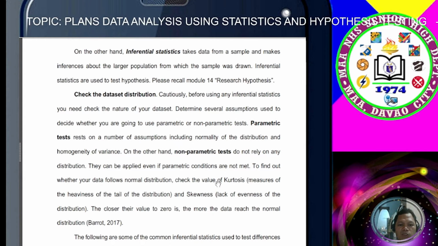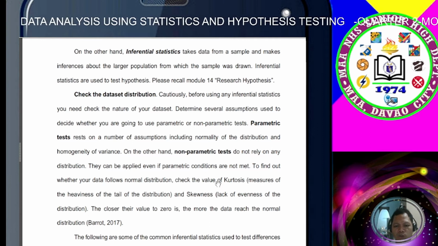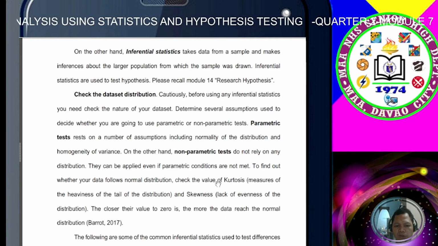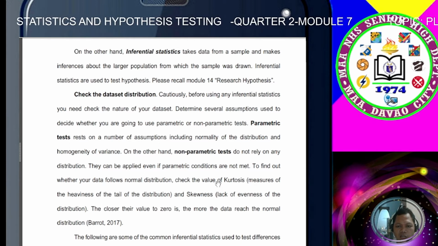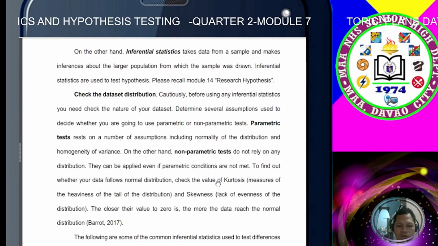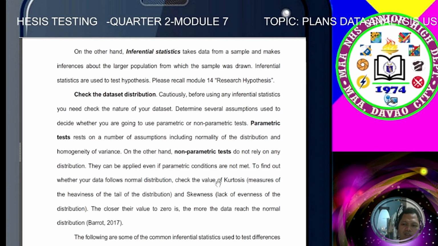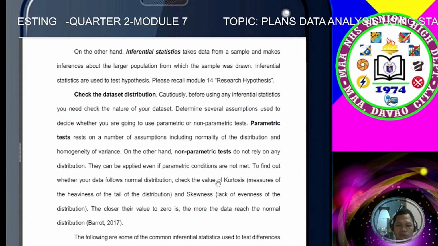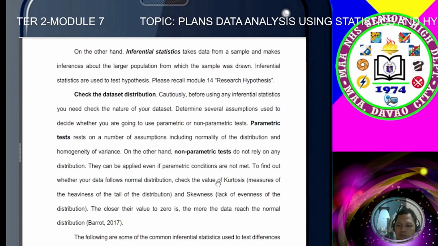To find out whether your data follows a normal distribution, check the value of the kurtosis, or the measure of the heaviness of the tail of the distribution, and skewness, or lack of evenness of the distribution. The closer their value is to 0, the more the data reach the normal distribution.